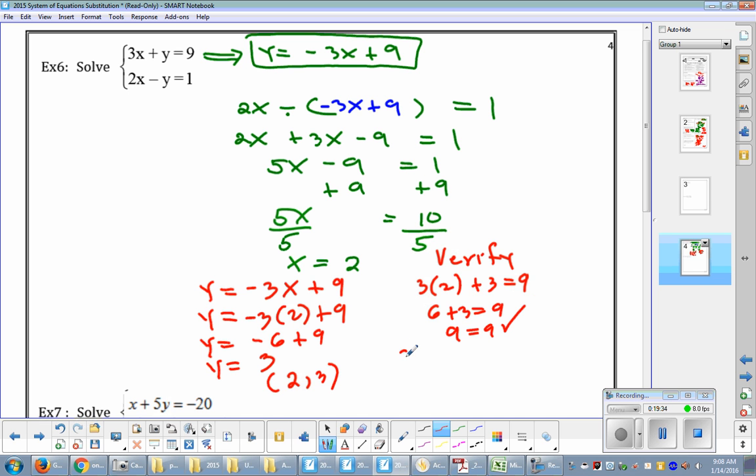Check the second equation. 2x minus y is 3. And now checking this equation, we get 4 minus 3 equals 1. 4 minus 3 is actually equal to 1. So here we go. Since we verified both equations, the solution worked for both equations, then indeed our answer here will be 2, 3.